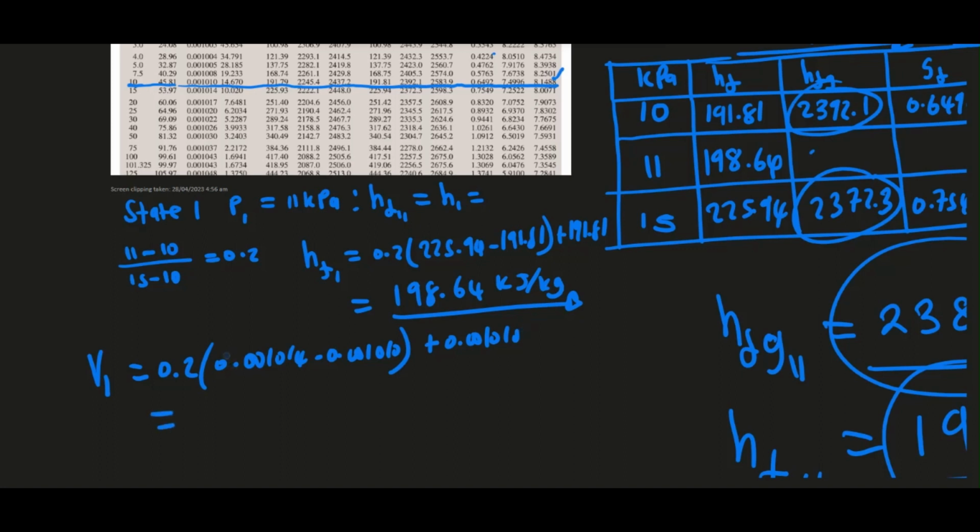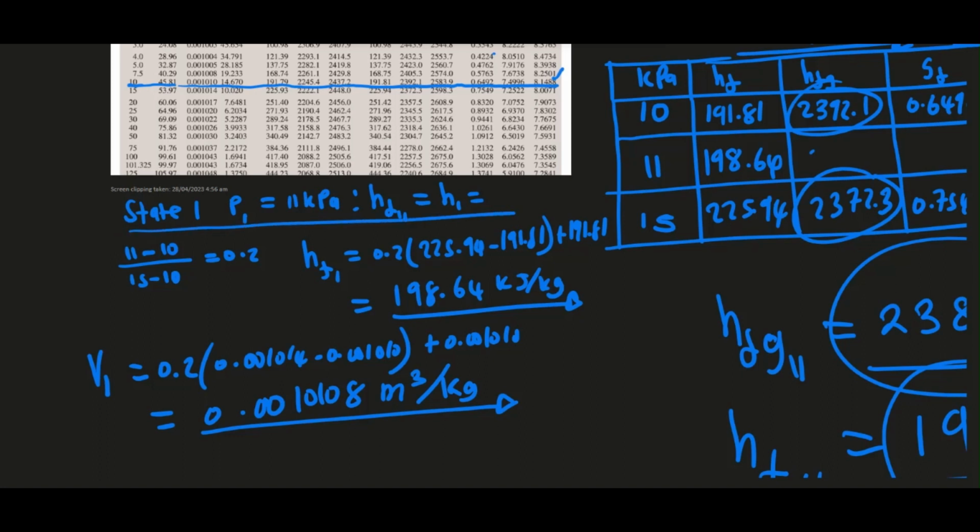That gives us 0.00101008 meter cube per kilogram. All right, that is V1. Now we can officially say state 1 is done. Let's move on to state 2.